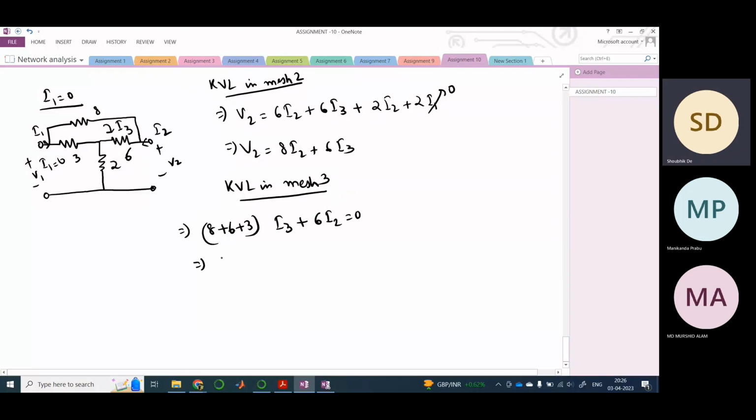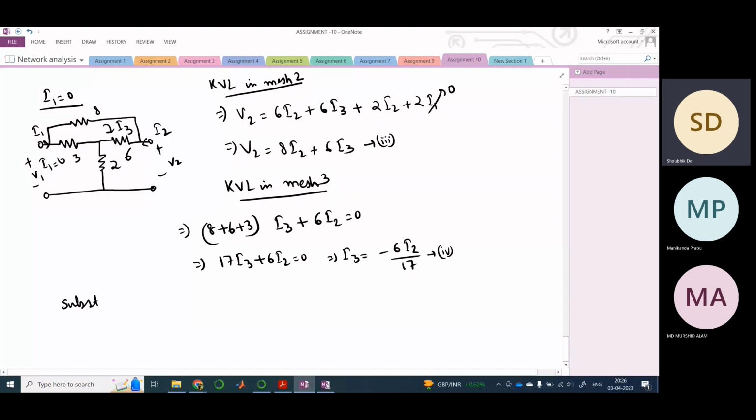So this would be how much? 17I3 plus 6I2 equals 0. Therefore, I3 is minus 6I2 by 17. So let us write it as the third equation, and this is the fourth equation.